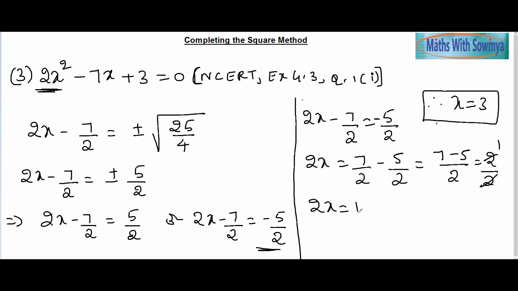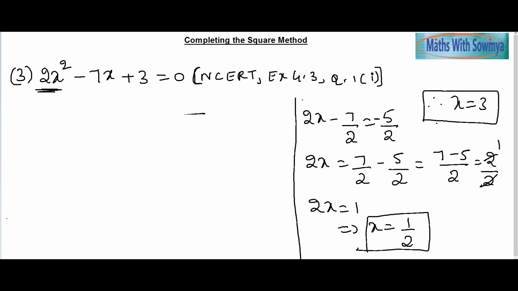So 2x is 1, implies x is equal to half. So our two values are x is equal to 3 and x is equal to half. So we can say therefore x is equal to 3 or x is equal to 1 by 2 will be the answer.